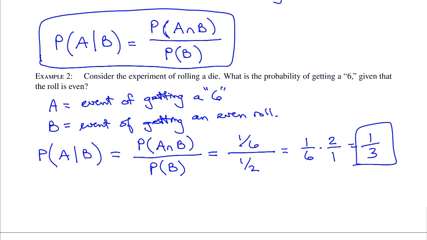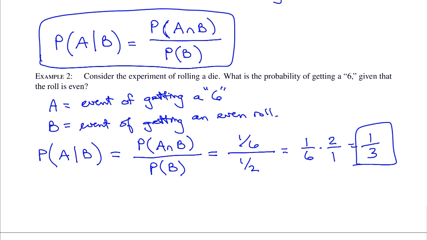Questions? I'm a little bit confused as to why you put 4 and 6, because isn't that just A, but in the formula it's A intersect B? So what are all the simple events of A intersect B? Which dice rolls would be a 6 and even? 6, 4.